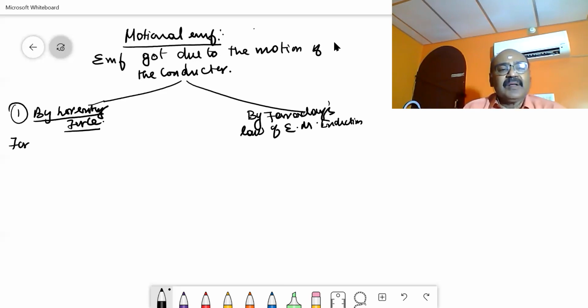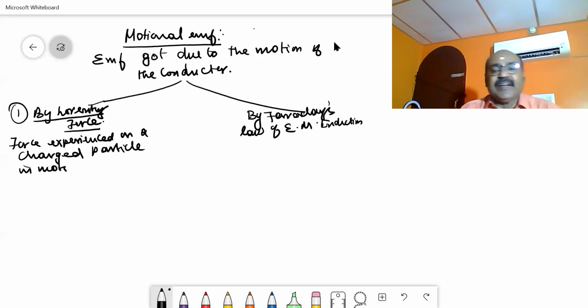Force experienced on a charged particle in motion. So the force experienced on a charged particle which is in motion, that force we are calling as the magnetic Lorentz force.